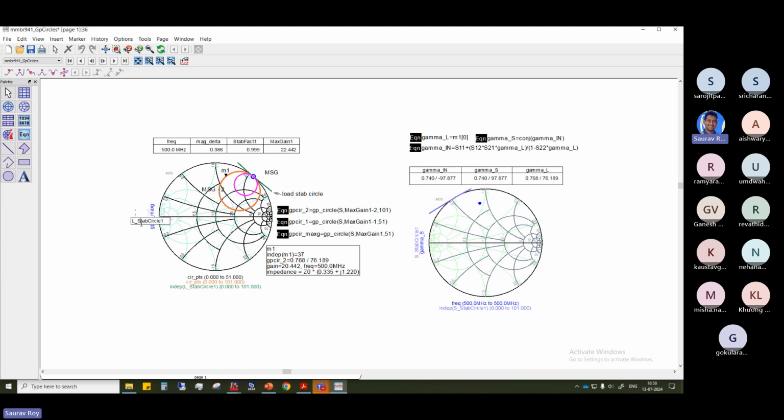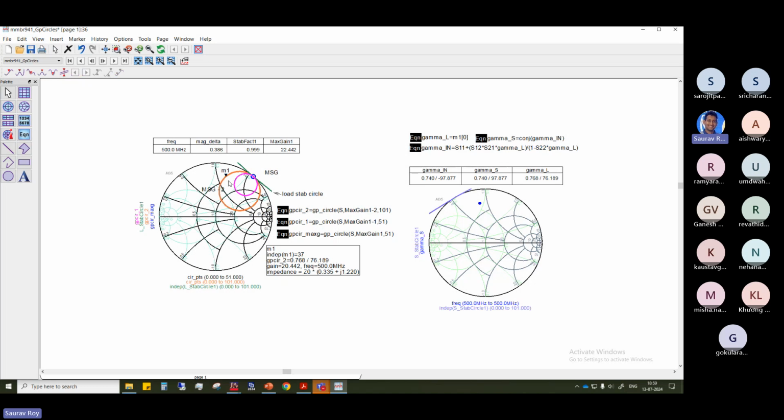The stability circle is a must because we are doing stability analysis. So we find that we can sacrifice 2 dB gain and operate in this region here. This is M1, because this is the 500 megahertz analysis we are doing. All of this is for one particular frequency, and M1 shows that.